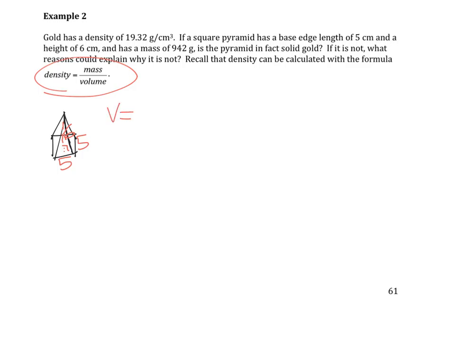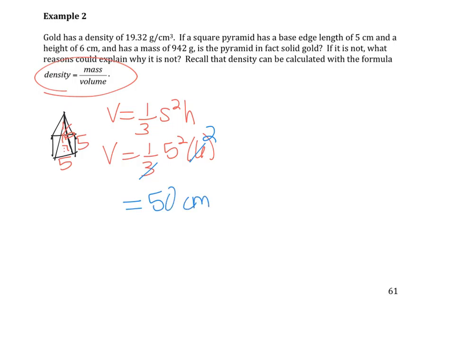So volume for a pyramid is 1/3 side squared times height. So 5 squared times 6, and 3 goes into 6 2 times. We have 25 times 2, which is equal to 50 cubic centimeters.